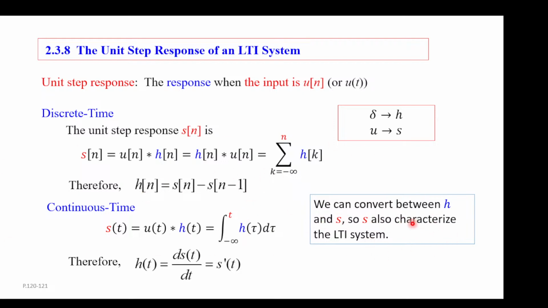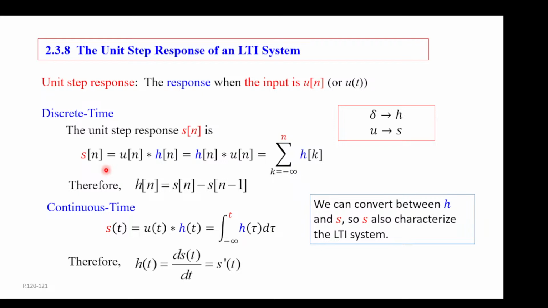So s also totally describes your system. Sometimes you don't want to describe your system by h, then you can describe it by s. The most important part for us now is you need to remember the unit step response, and also that the symbol s is usually reserved for it.